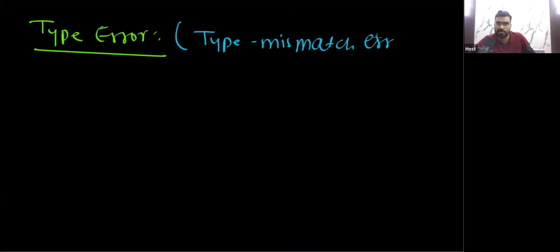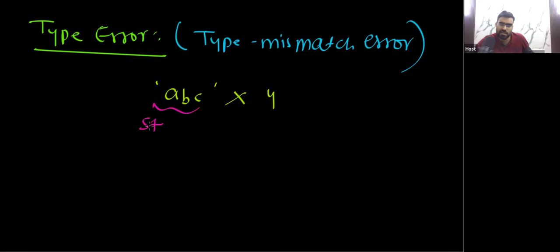Type mismatch error. So, for example, let's assume you have some string, and you are multiplying it with an integer. So then type mismatch will happen or not? Yes or no? This is a string, and you are multiplying this with some integer. Now you can easily see that this string cannot support that. Very simple point.